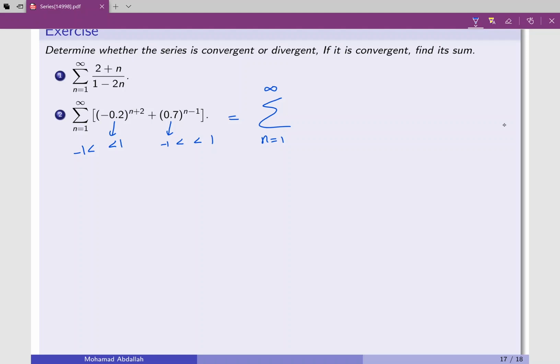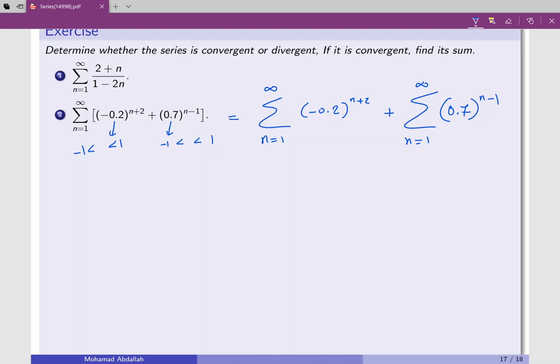So this is the sum plus the sum. I'm using the properties of series, but I wanted to emphasize this here: I was able to split this infinite sum because I knew that these are geometric series that are convergent.